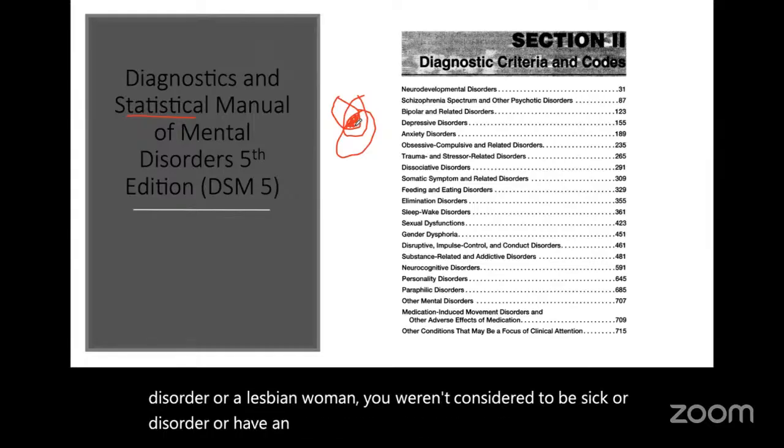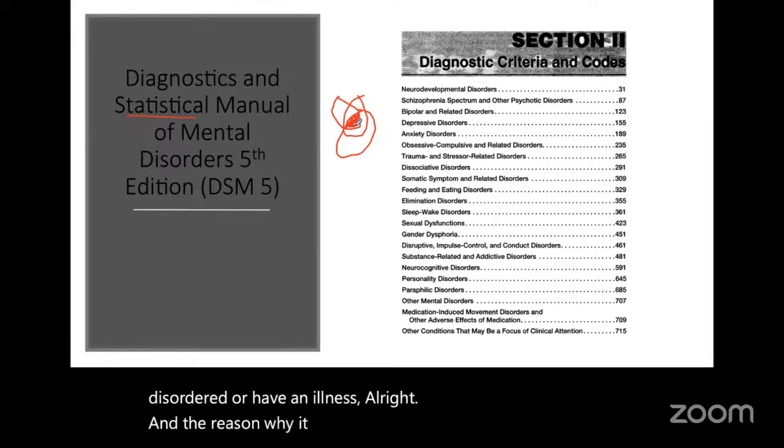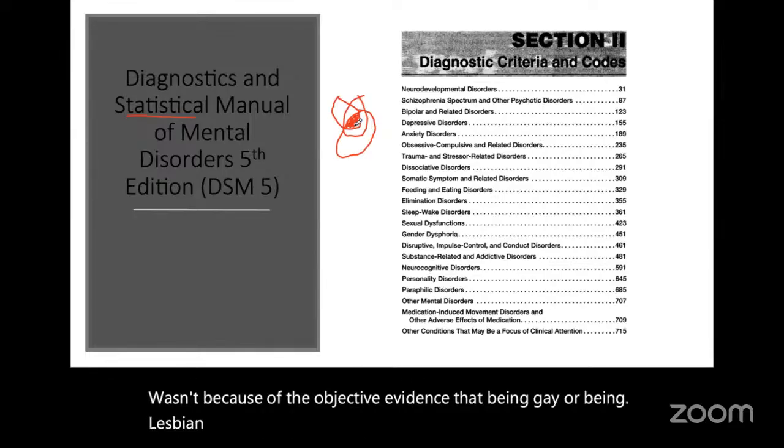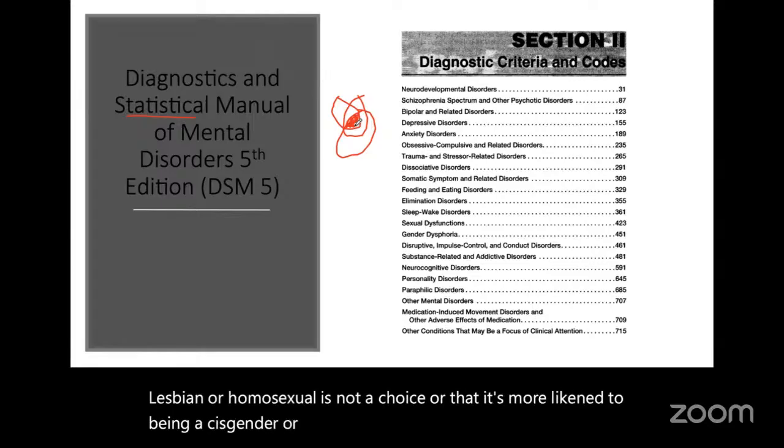All right. And the reason it was taken out of the DSM wasn't because of objective evidence that being gay or lesbian or homosexual is not a choice, or that it's more likened to being cisgender or whatnot. It wasn't based on evidence. It was based on a vote of the American Psychiatric Association.